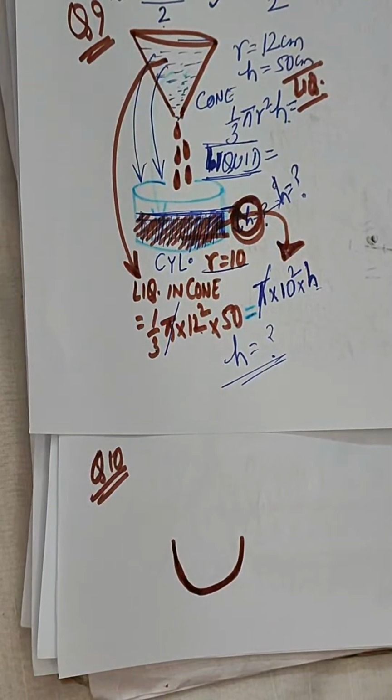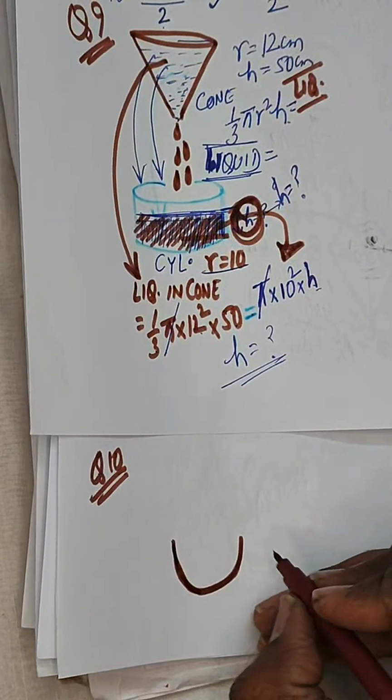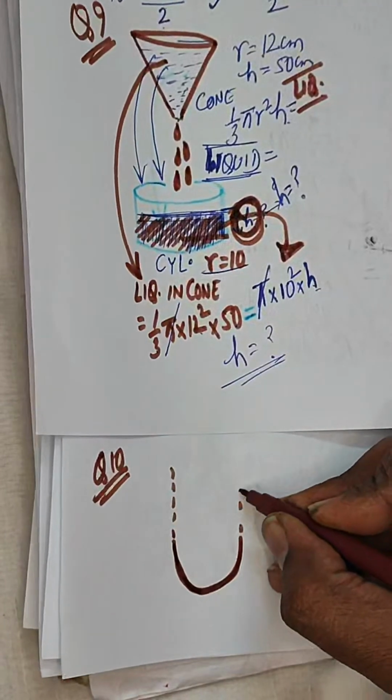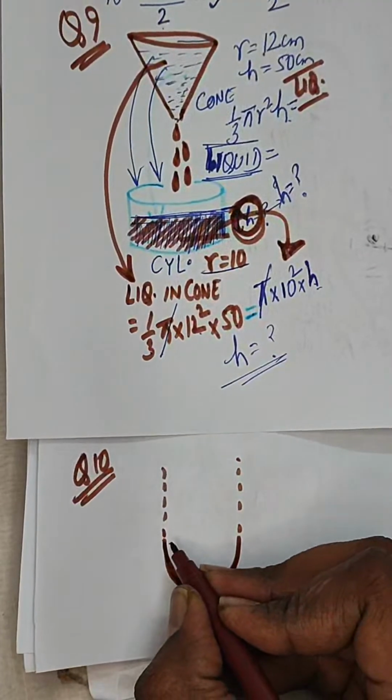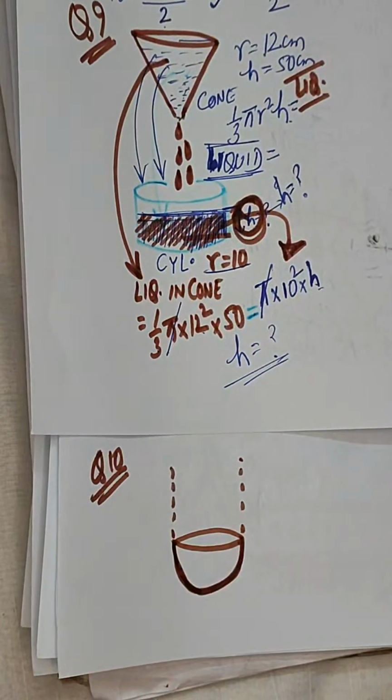This is three-dimensional. So the vessel, a bowl mounted by a hollow cylinder. So above it, a hollow cylinder is kept, like this, right? And this will be the bowl. The question is that a vessel in the form of a hemispherical bowl mounted by a hollow cylinder, the diameter of the hemisphere is 14 cm.